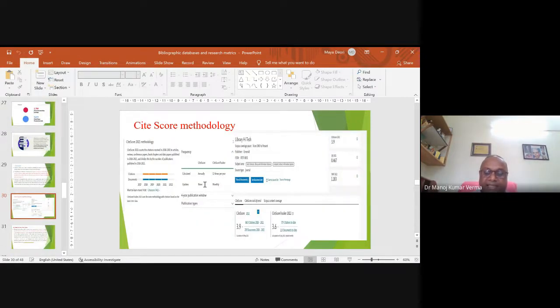See, this is the CiteScore methodology. Suppose you want to know the CiteScore of a journal for 2021.